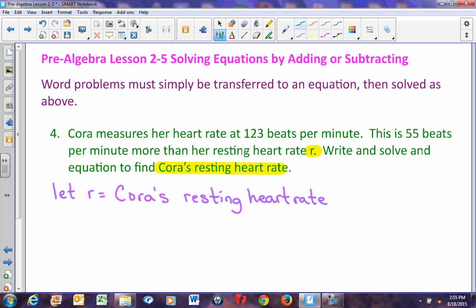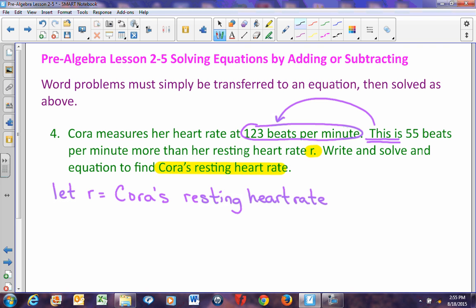Okay? So, it says, Cora's heartbeat measures 123 beats per minute. This is English. This is a pronoun. This pronoun is going back to her heartbeat.